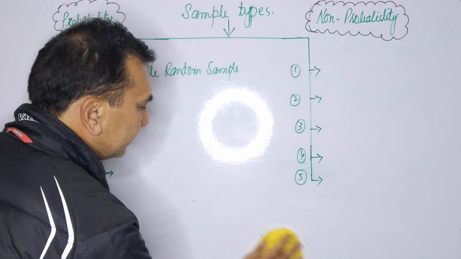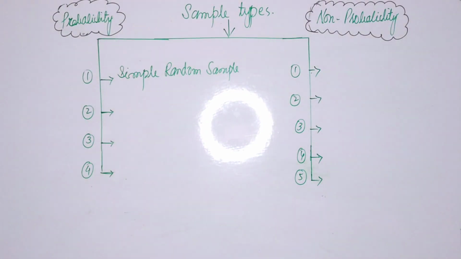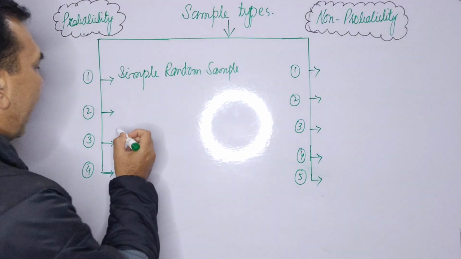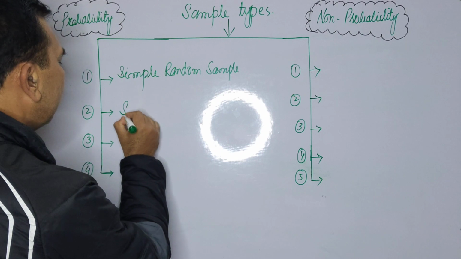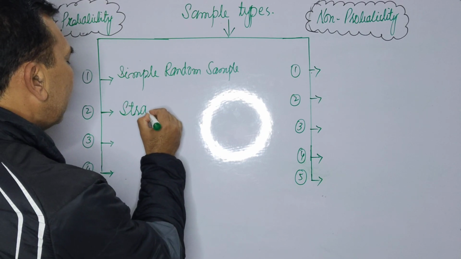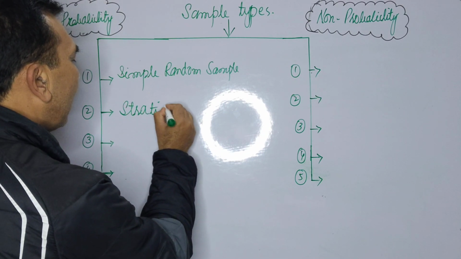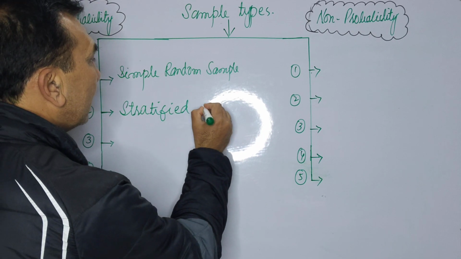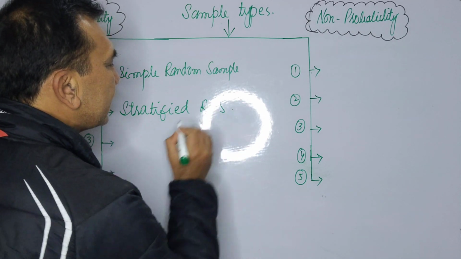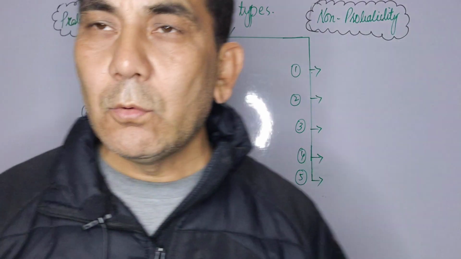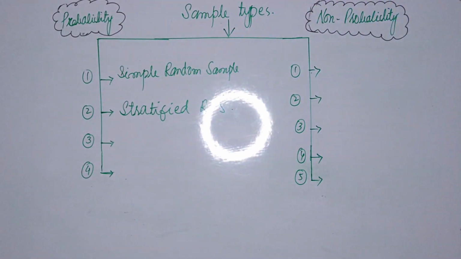Now the second type of sample is the stratified random sample. Now what is stratified?